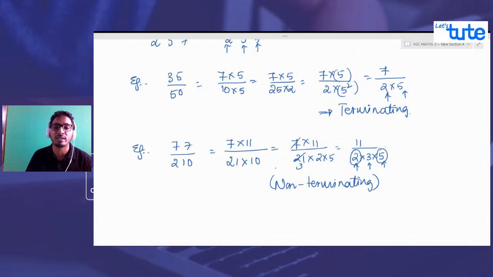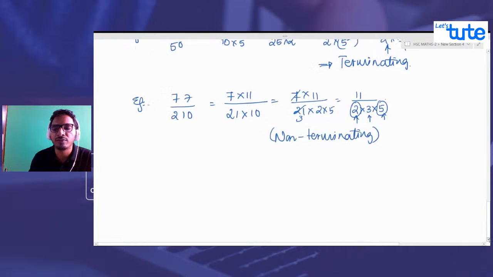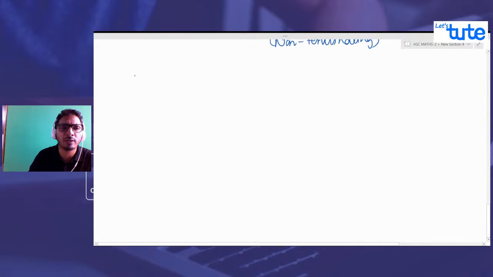If they are 2 and 5, then we can say that it is terminating. If not, it is not terminating. Okay, and we can do one more question, then we can finish this off, because it's a very short topic to start with and to finish with.